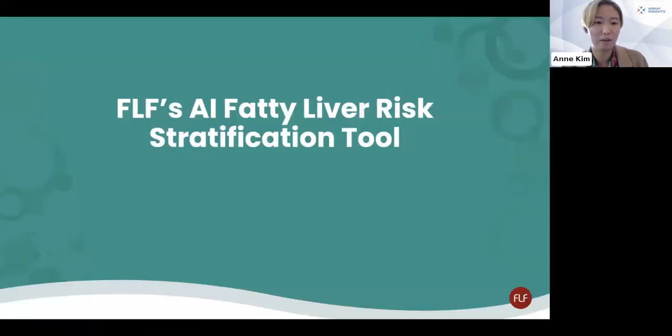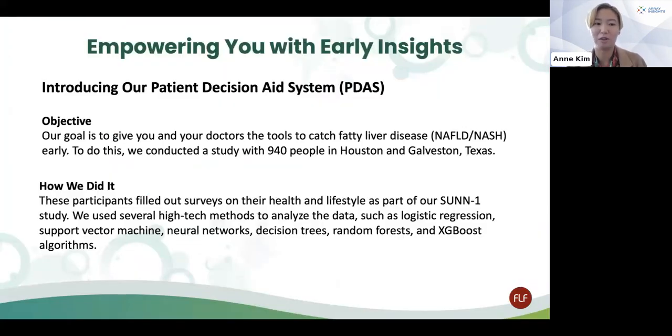Next slide. So I'll go into the details of what we actually did with the Fatty Liver Foundation and risk stratification tool. We called our system the Patient Decision Aid System, or PDAS. We used the SUN dataset, which has almost 1,000 patients in it, based on BMI and basic information about these patients, like diet.